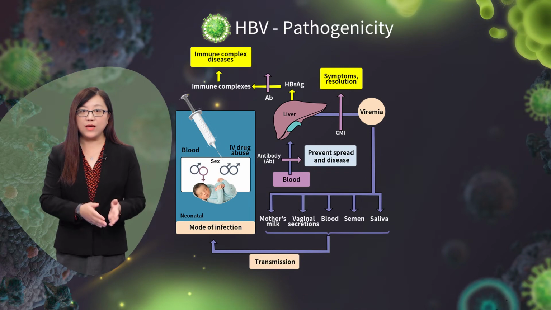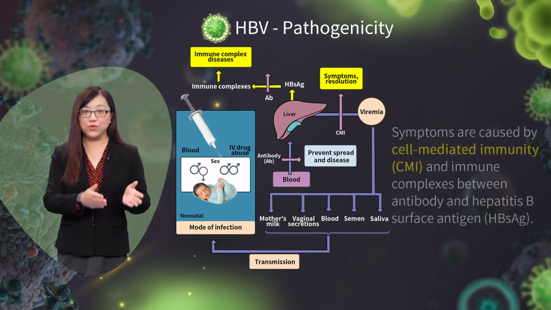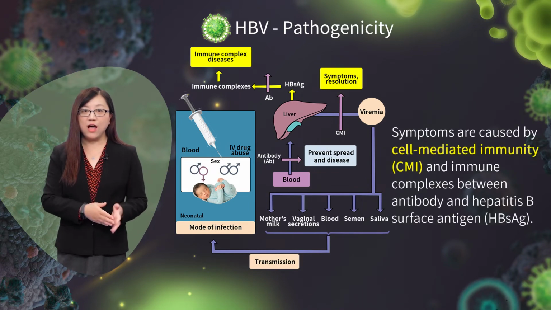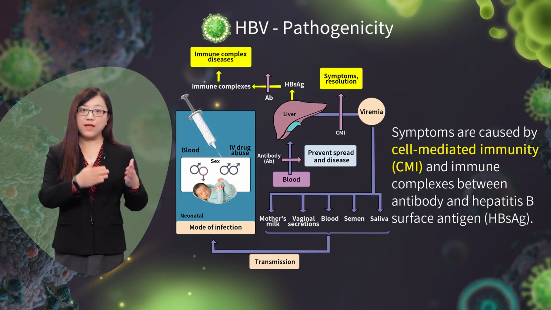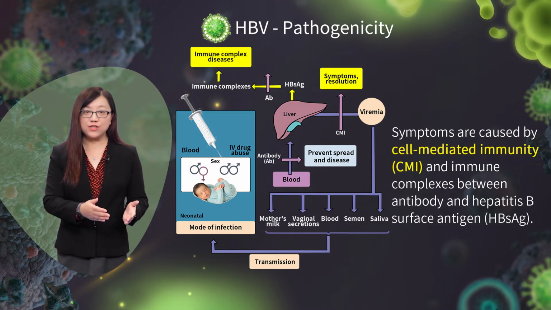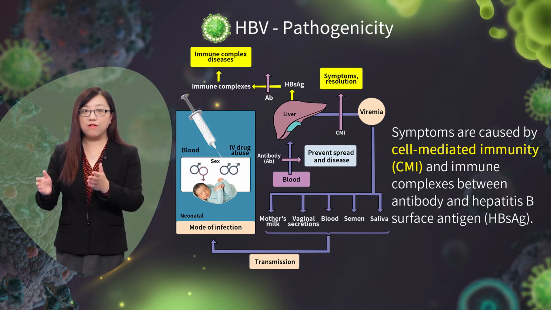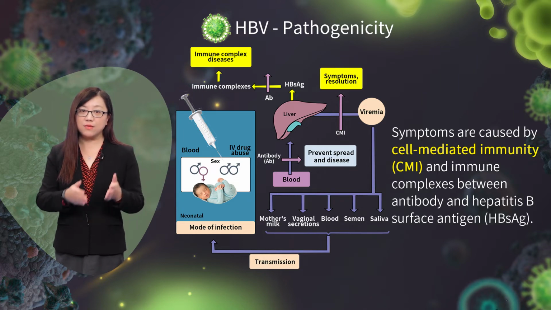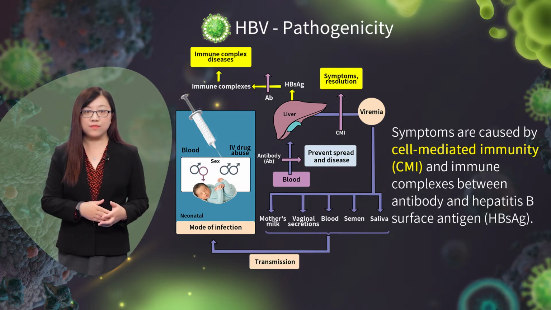Initial infection with HBV occurs through shared needles, unprotected sex, and delivery. The virus then goes to the liver, replicates, and induces a viremia. It is then transmitted through various body fluids and secretions such as blood, semen, saliva, breast milk, vaginal secretions, and menstruation.